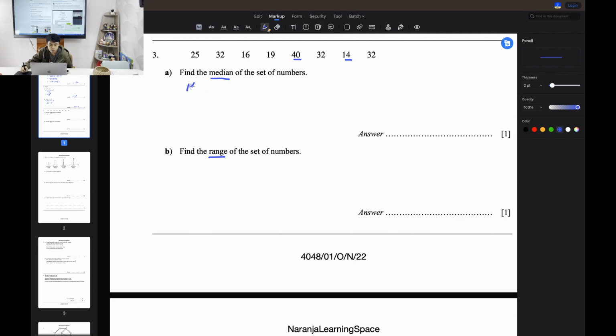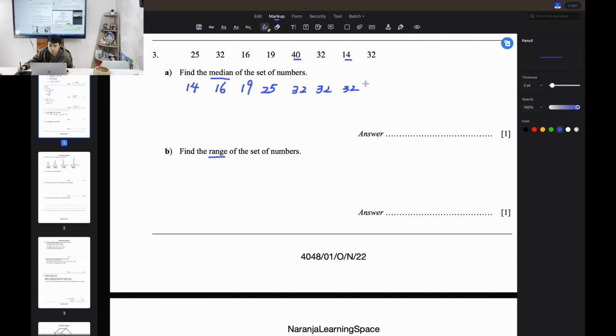So 14, followed by 16, followed by 19, followed by 25, followed by 32, 32, 32. Let's double check. We have 1, 2, 3, 4, 5, 6, 7 values. How come I'm short of 1?